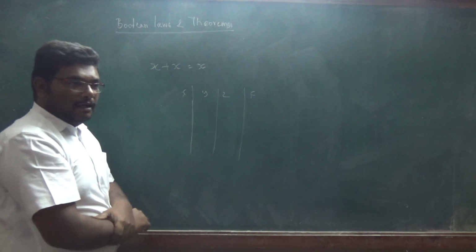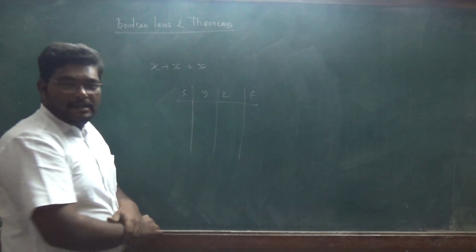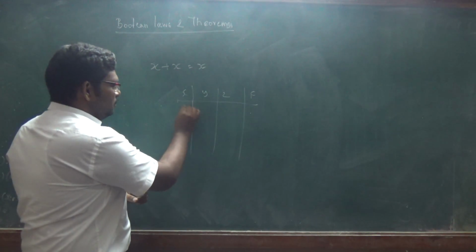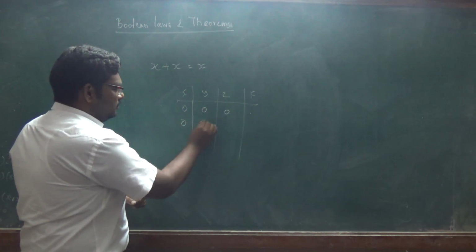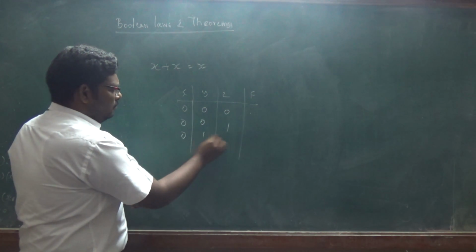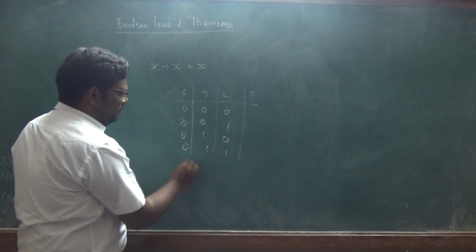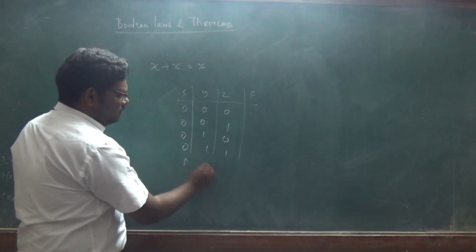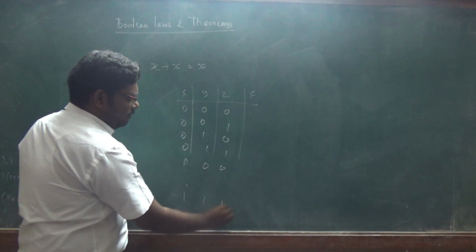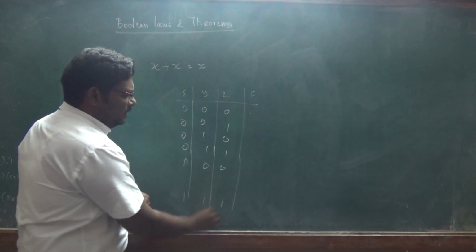The values of x, y, z are 0, 0, 0, then 0, 0, 1, 0, 1, 0, 0, 1, 1, then 1, 0, 0, up to 1, 1, 1.